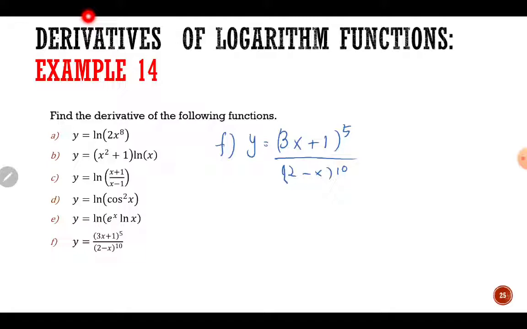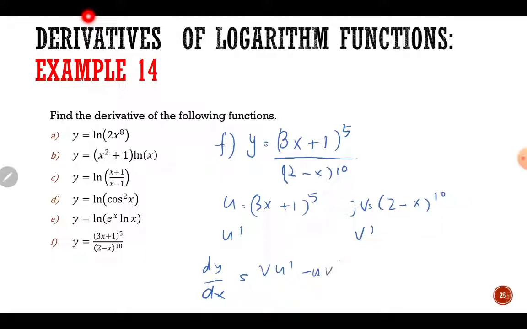You may use u, right? You may use 3x plus 1 to the power of 5, and v as 2 minus x to the power of 10. Then differentiate using the chain rule. You have to find u prime and v prime. So you will get dy dx equals v u prime minus u v prime over v squared. Am I right? Okay, this is one of the options you have to find the derivative of this.